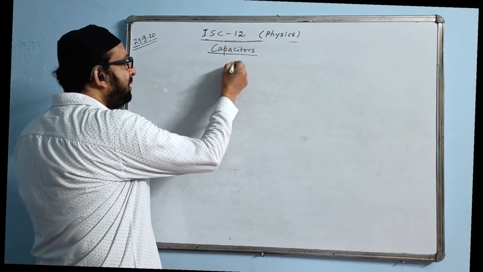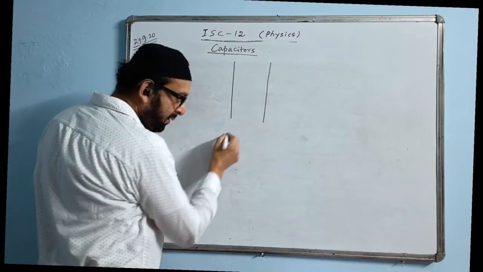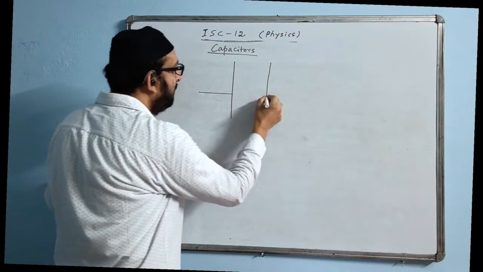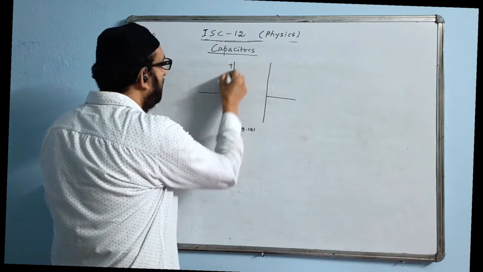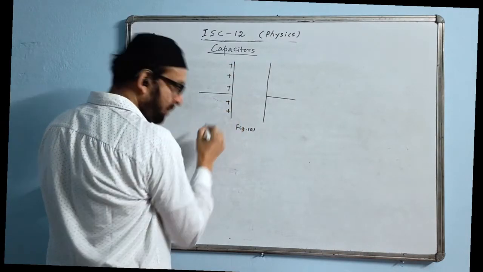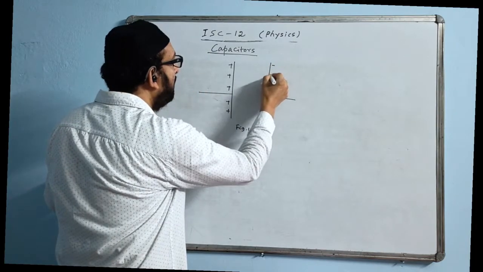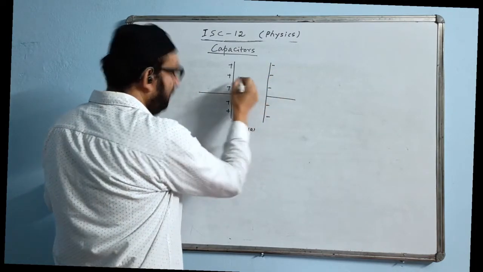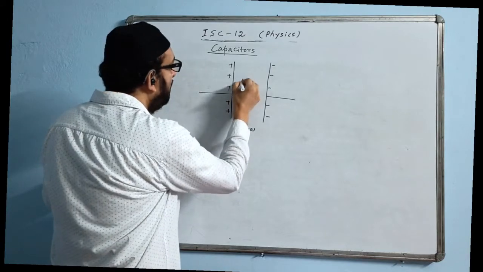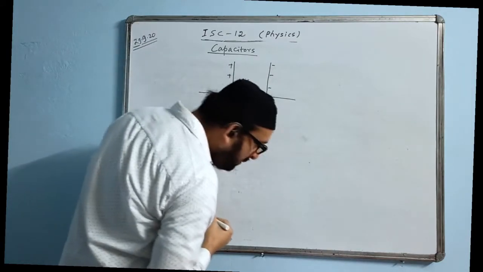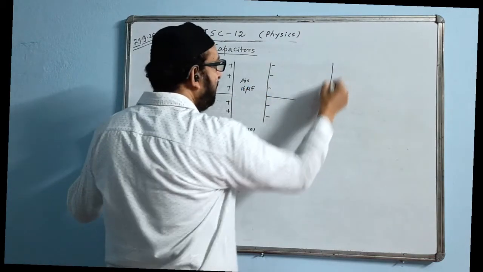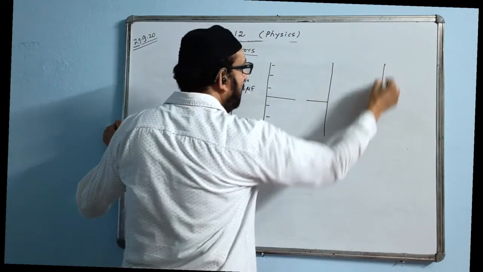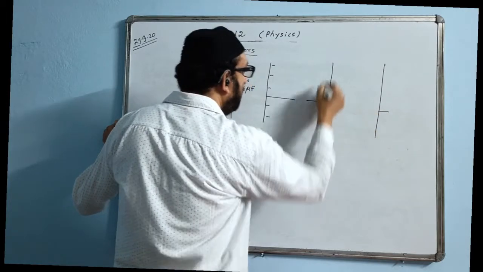They have given a figure like this. Two figures are given. Figure A. This is air, and the value is given 16 microfarad, and there is another figure given.